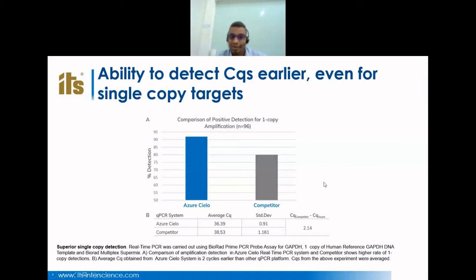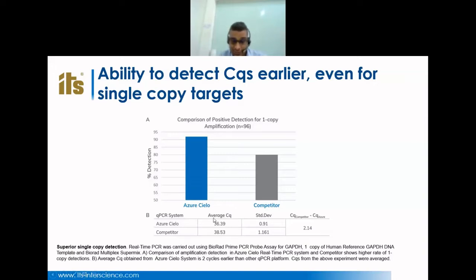So this graph here shows you a comparison between the Azure Cielo and a competitor. You can see for the Azure Cielo, it can detect single copy targets more than 90% of the time, whereas the competitor is only detecting single copy targets about 80% of the time. And look at the average Cqs of the Azure Cielo.